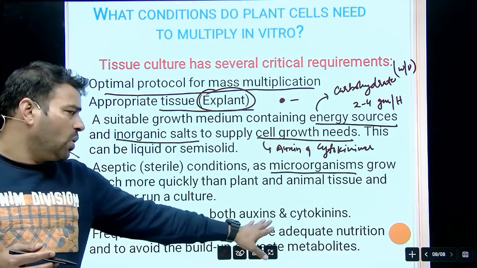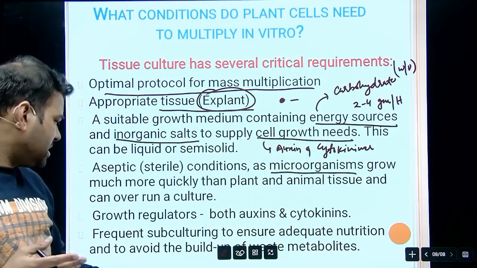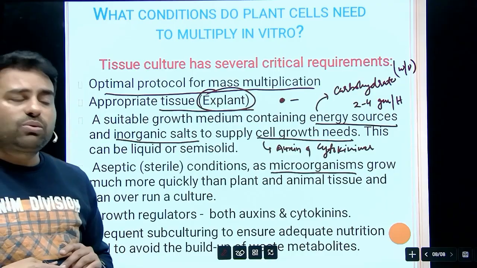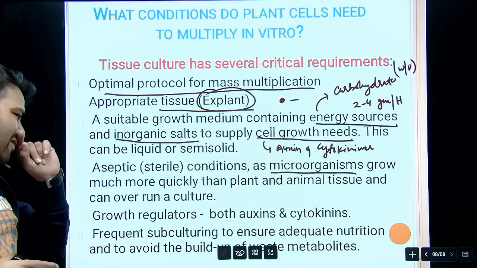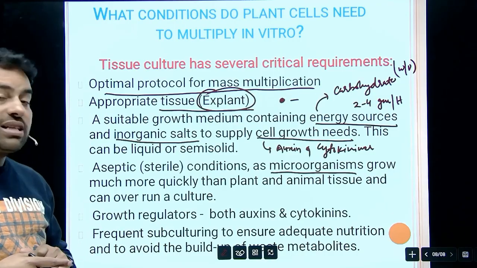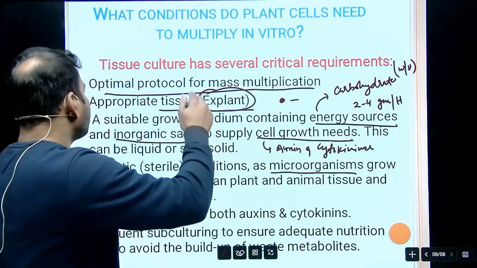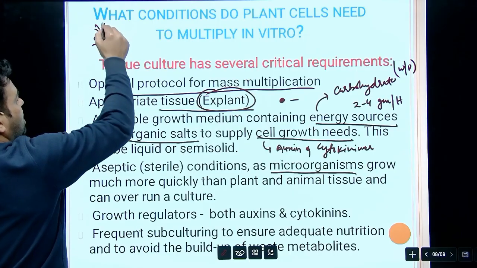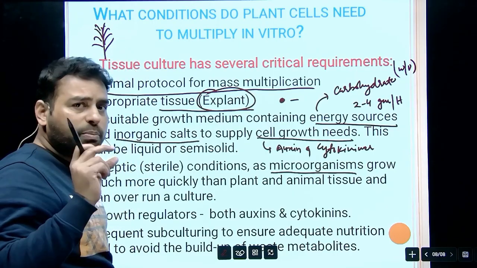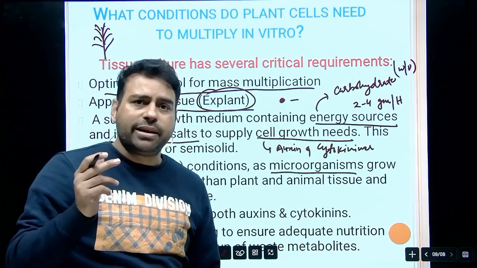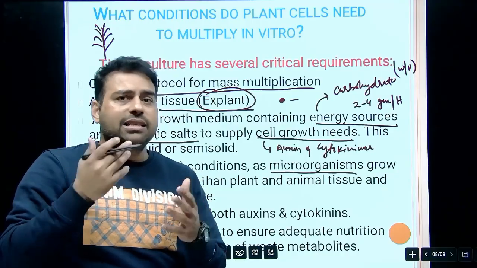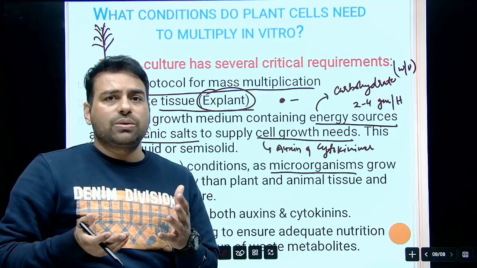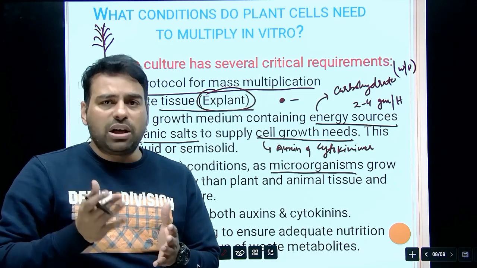Growth regulators, both auxin and cytokinins, we will use as discussed. Frequent subculturing to ensure adequate nutrition and avoid the buildup of waste metabolites. So when we are taking the explant and cutting it into small pieces to start the experiment, what happens? It starts leaching out some polyphenols.